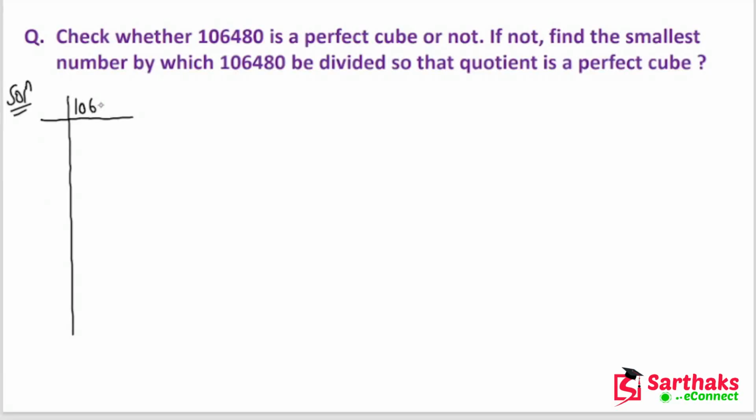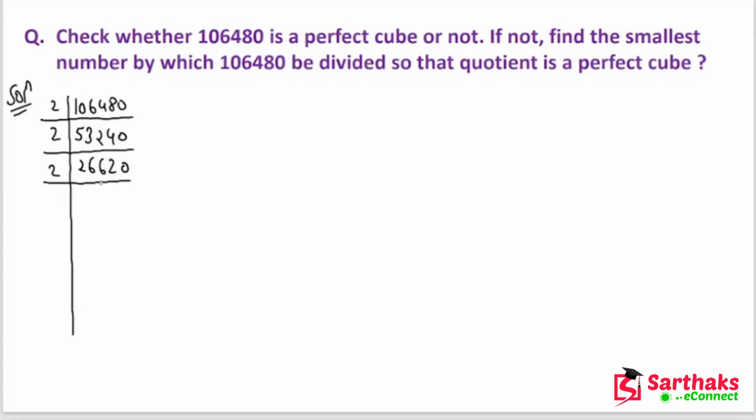106480. Let us divide by 2. So it would be 53240. Again dividing by 2, we'll get 26620.